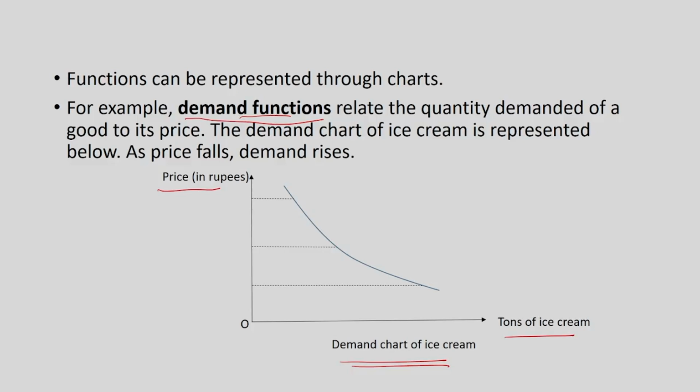And this might seem a little bit awkward, because generally when I say that quantity demanded of ice cream is a function of price, I mean that the quantity demanded is a dependent variable, right. It depends on something else, which is price, and the thing that is dependent is represented generally along the y axis, right.